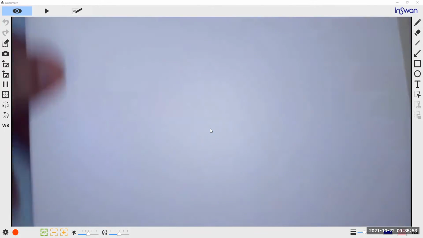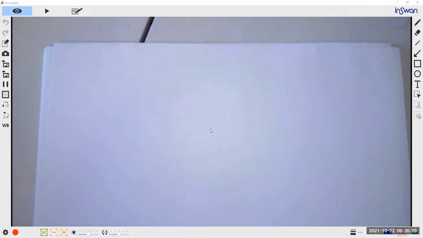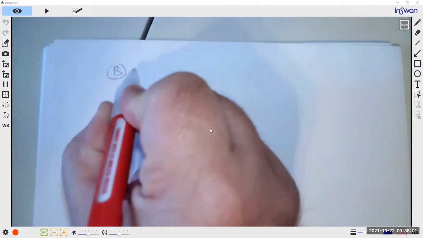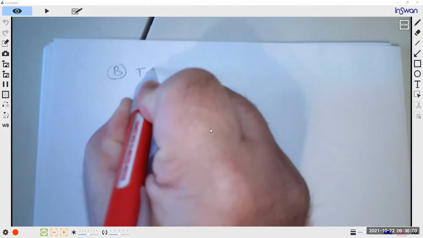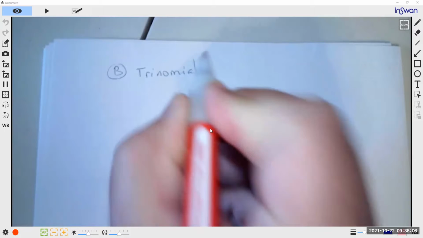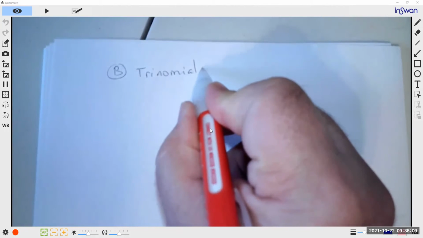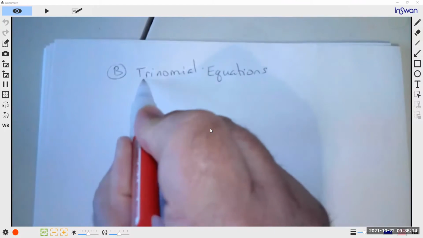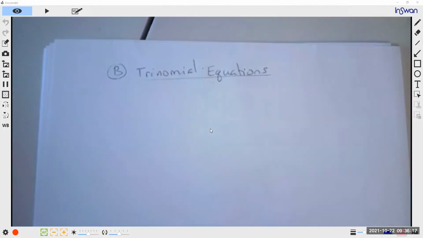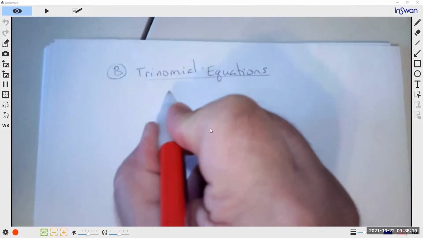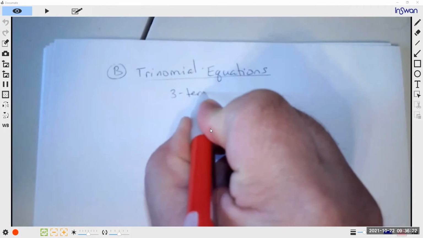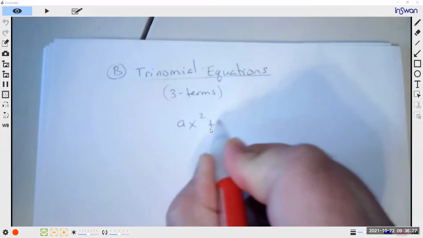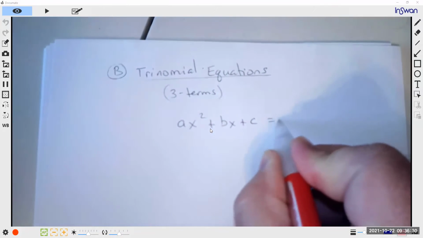Then we looked at solving trinomials. These are equations with 3 terms. So that's where we have ax squared plus bx plus c equals 0.